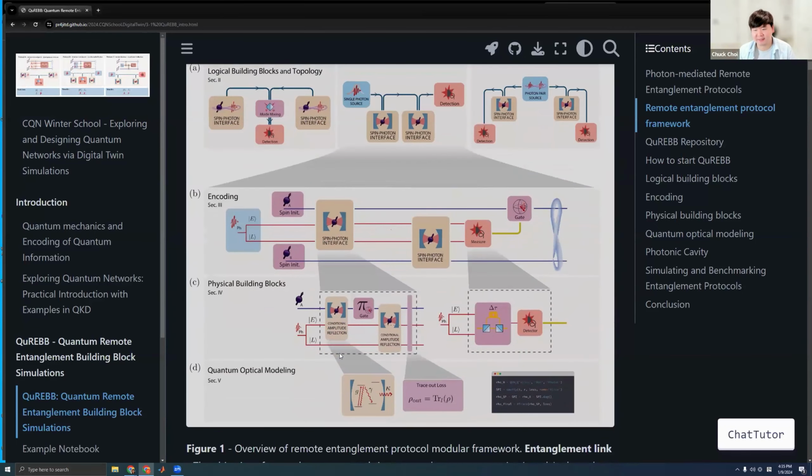I also want to emphasize that we are very interested in machine learning approaches to protocol design, because probably one of the first entanglement protocols has been out there for more than 2 decades. At the end of 1998, 1999, people first came up with these remote entanglement protocols of the 2 quantum memory.